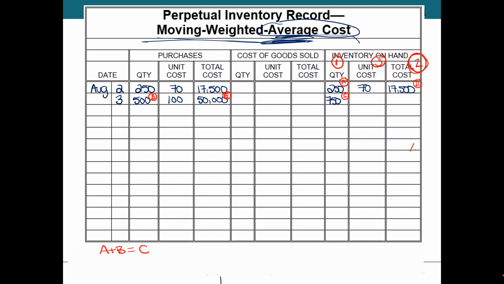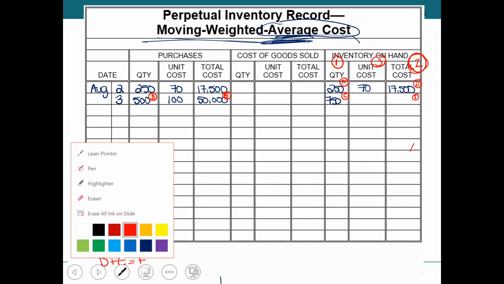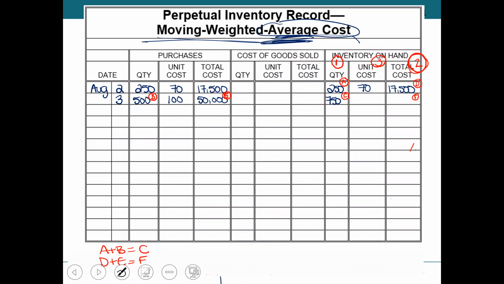And then we're going to get to the total overall cost over here, which will be F. So again, we're just adding D plus E equals F. So if the total we paid on August 2nd was $17,500, we're just adding this new cost that we paid on the 3rd, and that gets us to our total. So it makes sense. One cost plus the second cost equals our total cost. So $17,500 plus $50,000 equals $67,500.